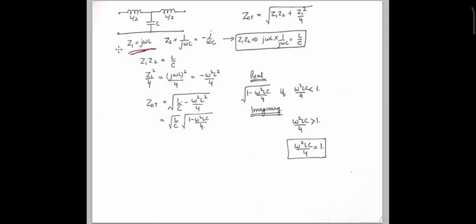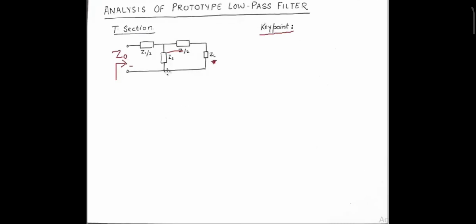So this is known to us, and the shunt arm has the total impedance 1 upon j omega C. Now we can compare this with the previous standard two-port network notations, where Z1 is the sum of these two and Z2 is the shunt arm.